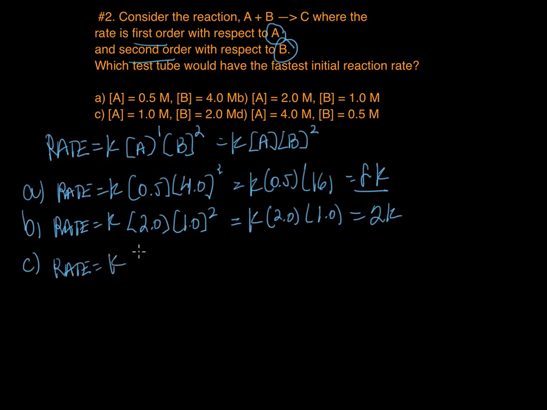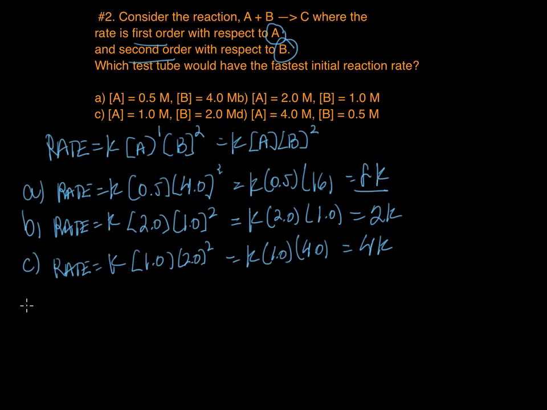Rate is equal to K times A is 1. B is 2.0. Okay. So we have 1.0, and we have 2 times 2 is 4. Okay, so in this case, we have 4K. Okay, that's lower. It looks like 8K is the winner so far.